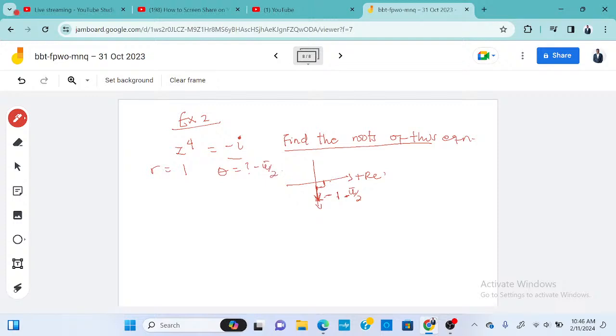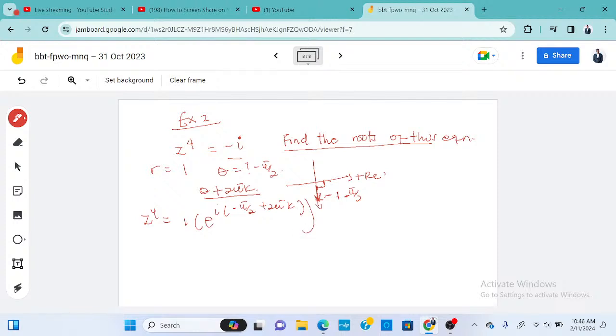In our first question, I told you that we use the extended argument to find all the roots of our equations. The extended argument is done by adding 2 pi k to our argument, where k is the number of revolutions you go. So in our case, our complex number z to the power 4 becomes 1, that is the r, multiplying e to the power i, then the theta will follow as negative pi on 2 plus 2 pi k, right?